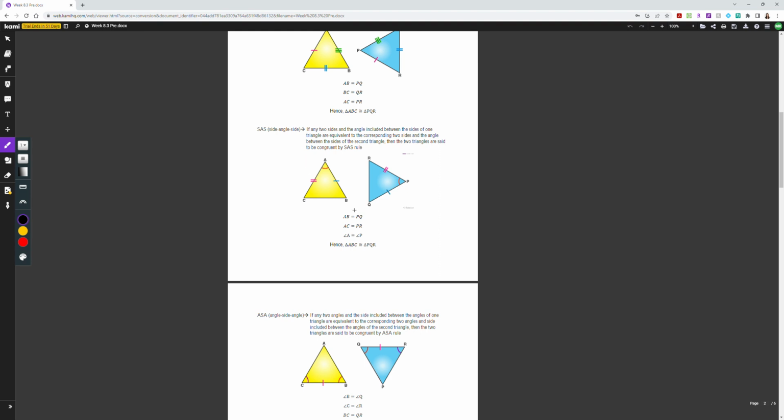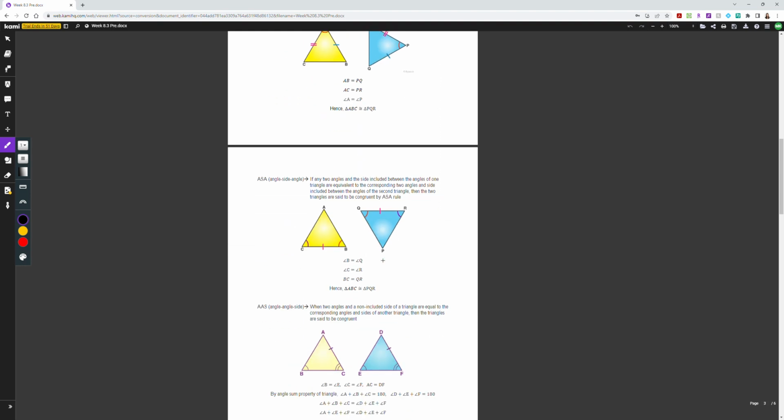We know that AB is congruent to PQ, AC is congruent to PR, and angle A is congruent to angle P. Based on the SAS rule, because you can see side, angle, side in both, we know that triangle ABC is congruent to triangle PQR, and that's SAS.